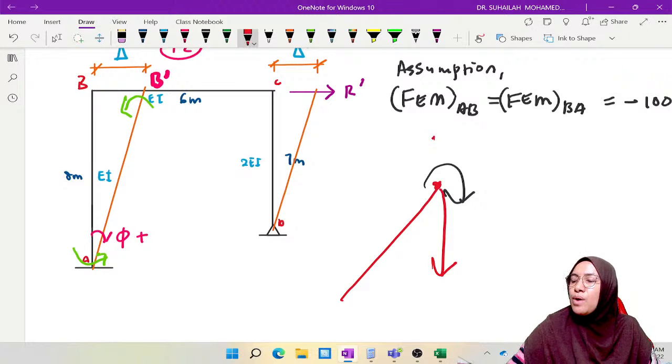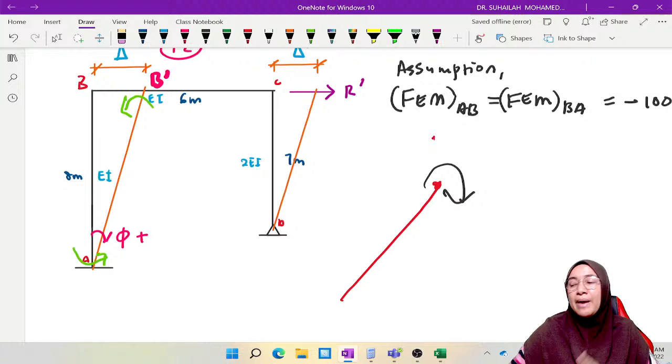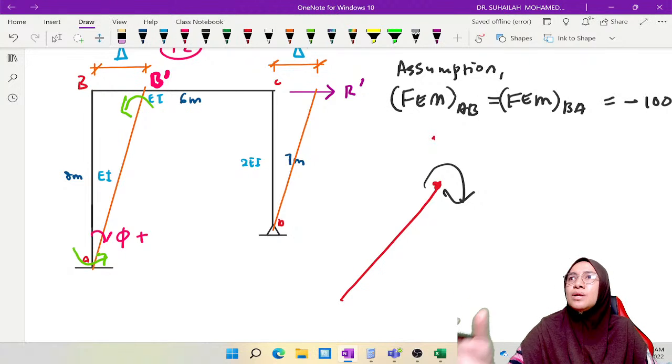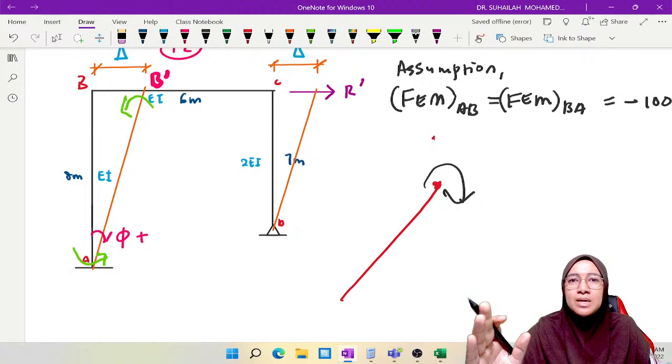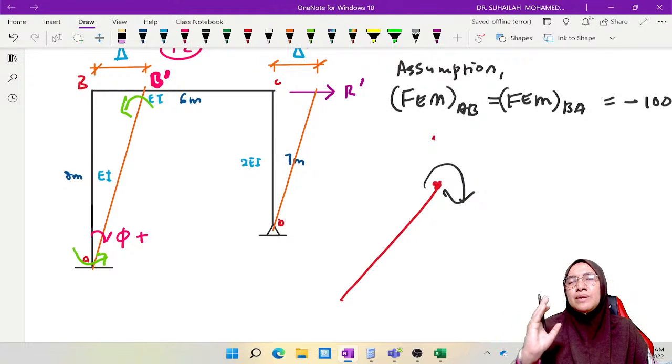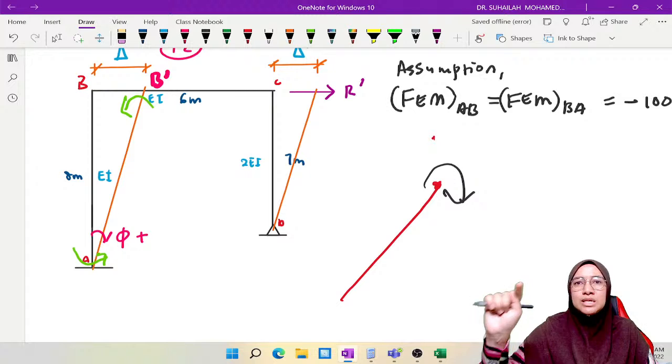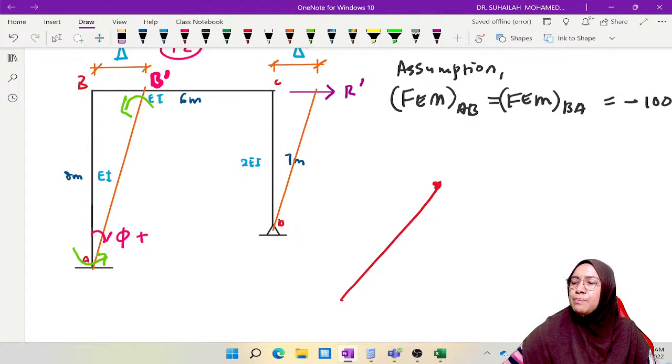We want the moment to counter back the column position. The column must remain straight, the column must remain vertical. Because if we apply positive 100, it means that we push down, not push up, the column.